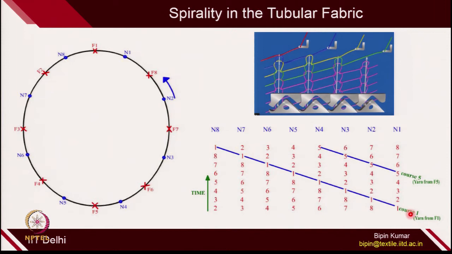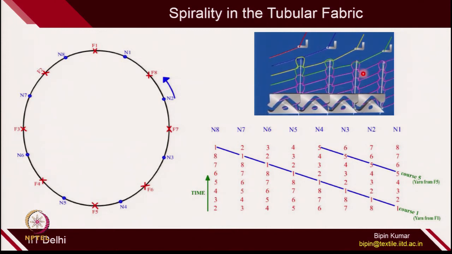So, you can see how the loops in the course do not remain horizontal, but actually form a spiral, because the timing of loop formation by the same yarn or same feeder is changed for each needle. So, which is also visible here.